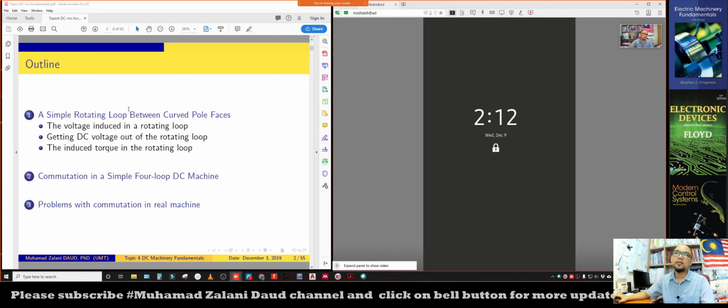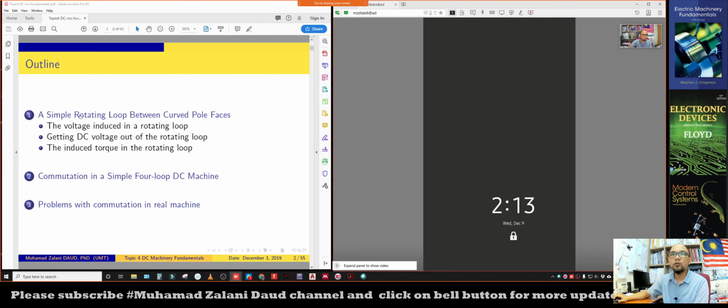Okay, so just by using commutator and brush, we can convert the AC output of the machine, I'm just going to use this general name for the machine, which is the AC machine. Then we use the commutator to convert that AC behavior inside the machine to the DC output.